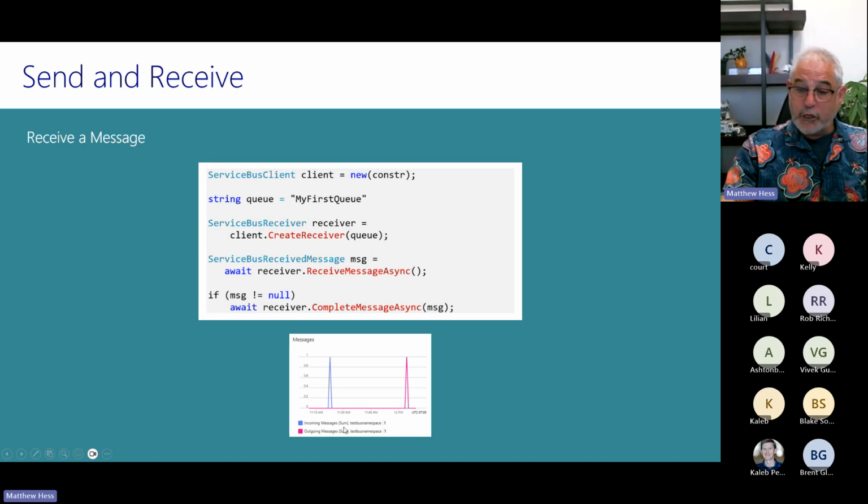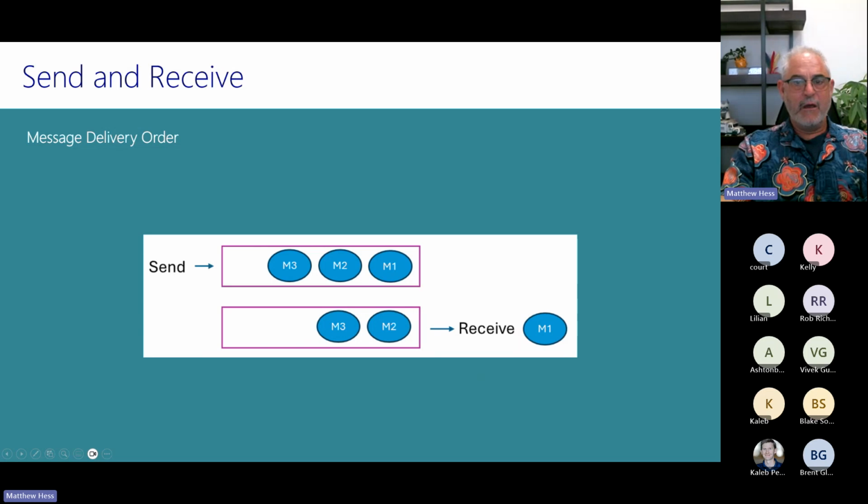So looking on the portal, you would then see, oh, look, there's my message sent and there's my message received. The portal's got really cool tools for monitoring your queues and looking at queue depth and seeing pretty graphs. So that's your basic send and receive. Now, one question you might have is, which message did I get? Let's say the sender had sent 3 messages and then I received one.